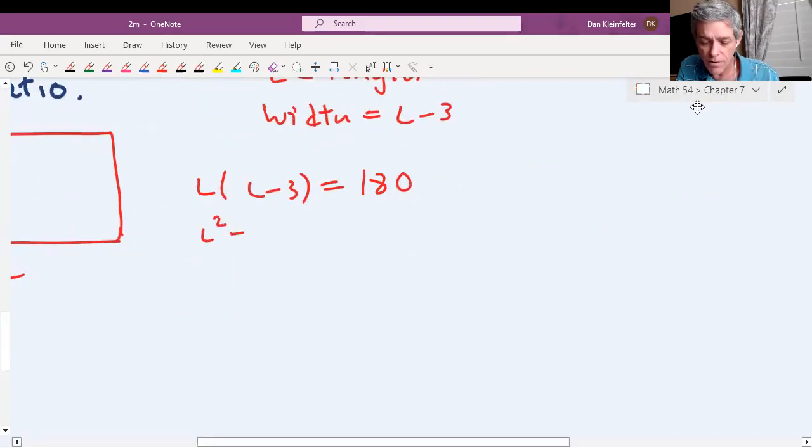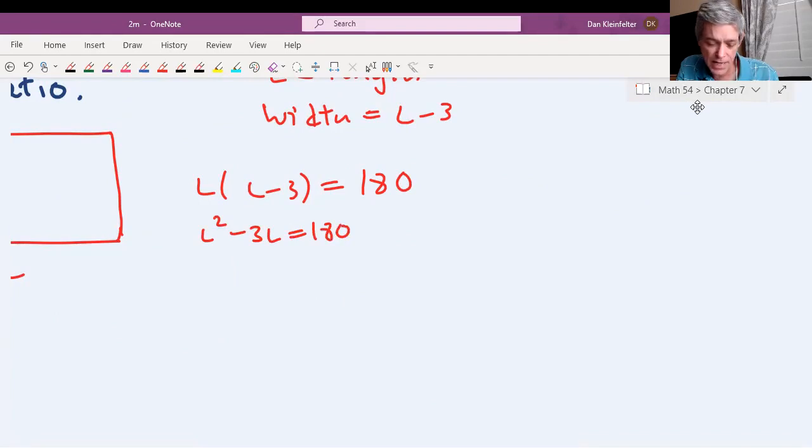So we'll have L squared minus 3L equals 180. And we'll collect the 180 to the left side, giving us L squared minus 3L minus 180 equals 0. So once again, we're in the position where we need to factor.